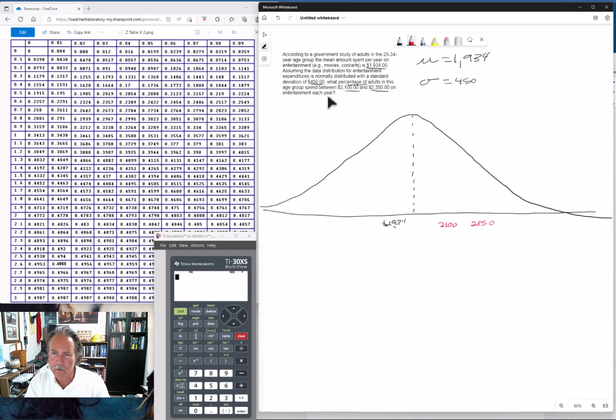And let's go ahead and do some dashed lines. One for 2100, and then one for 2350.